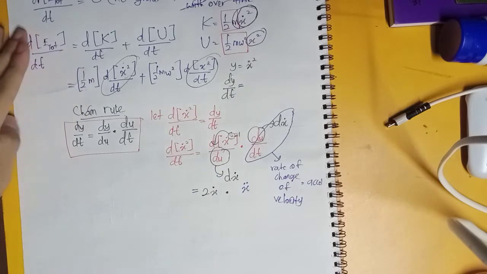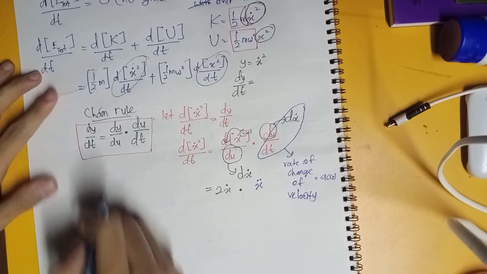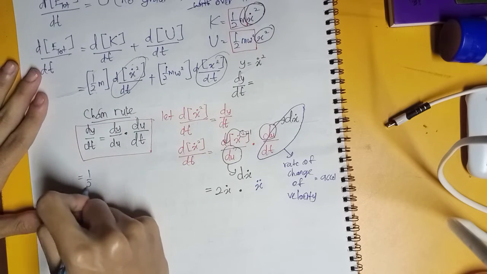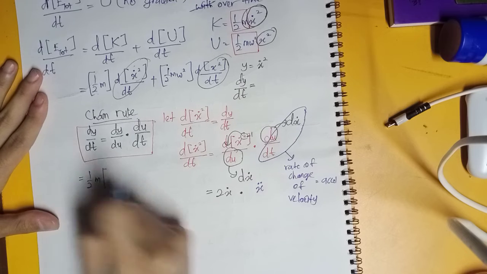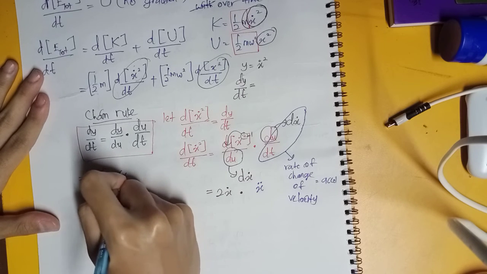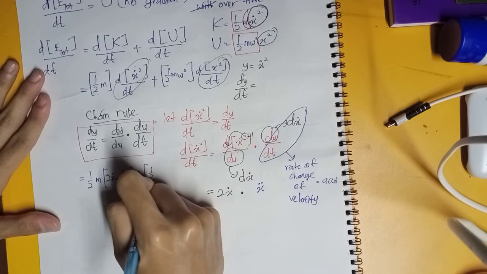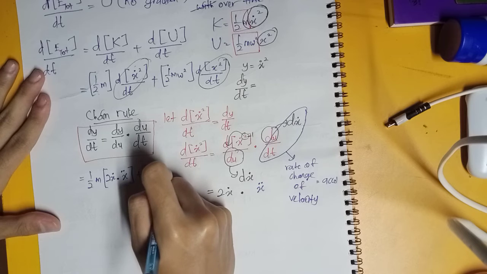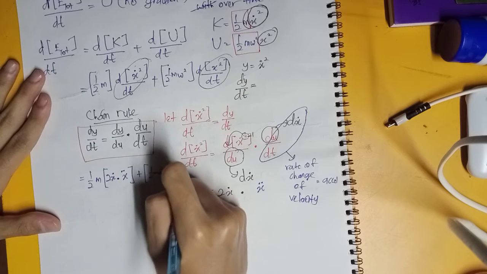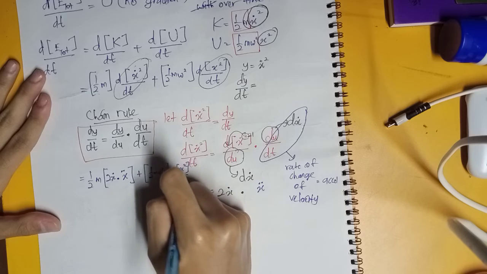That's what it means, right? So since we differentiated already, we do some substitution. So 1 over 2m times 2x dot times x double dot right here, and then plus 1 over 2m omega squared, okay, times d(x squared) over dt.